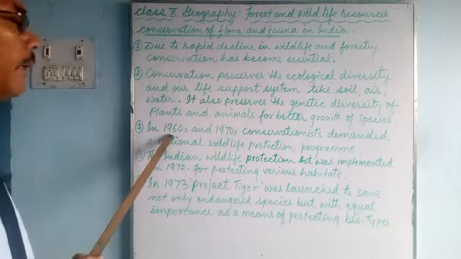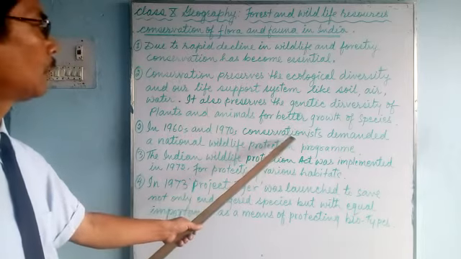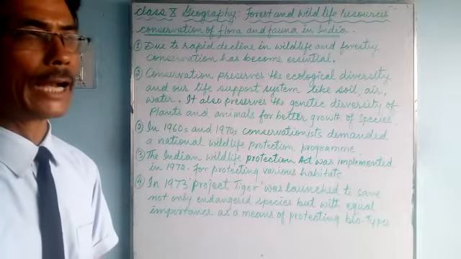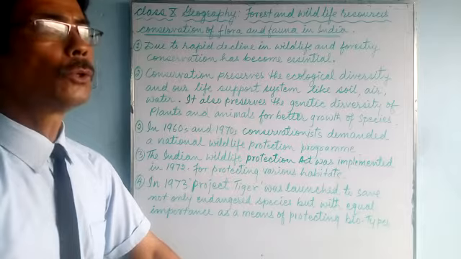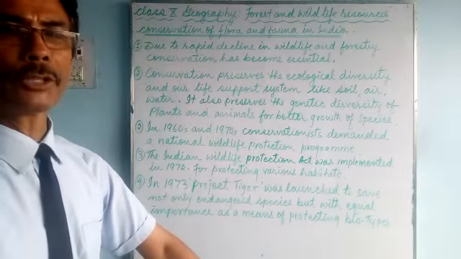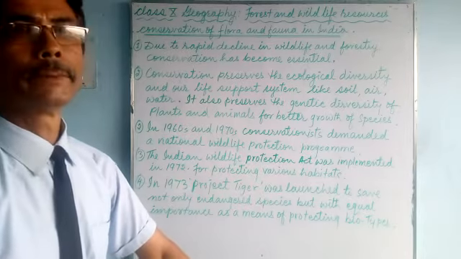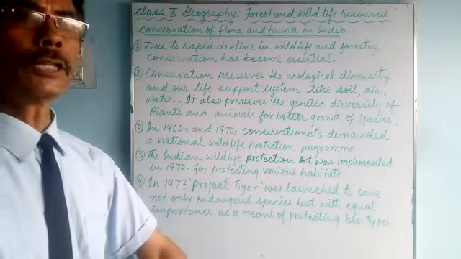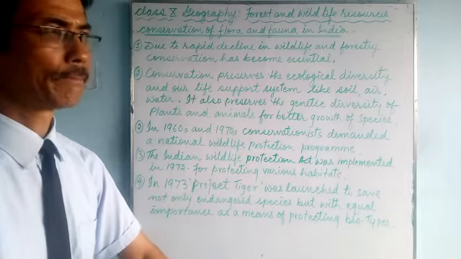Number two, in the 1960s and 70s, conservationists demanded a national wildlife protection program, because most of the wildlife animals were being killed. The environmentalists demanded that wildlife protection should be done. Certain rules have to be made in order to protect the wildlife, because in the forest, plants and animals are interlinked.